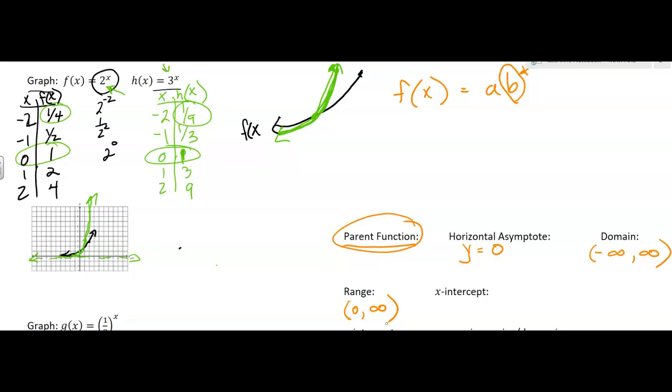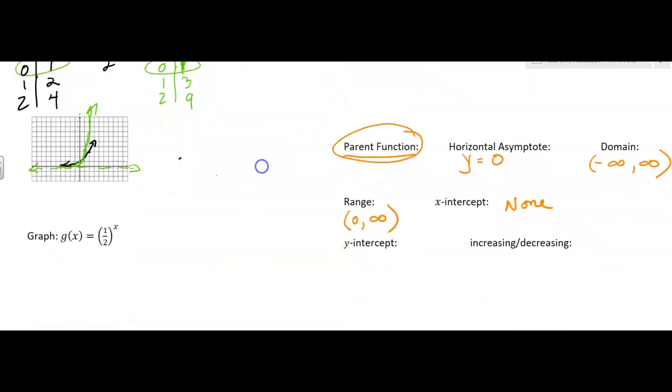The x-intercept, there are none for both of those graphs. And then I have to scroll up a little bit. And the y-intercept was 0, 1. It was an increasing graph. Okay, so all this information that I just put in orange all had to do with this graph right there.